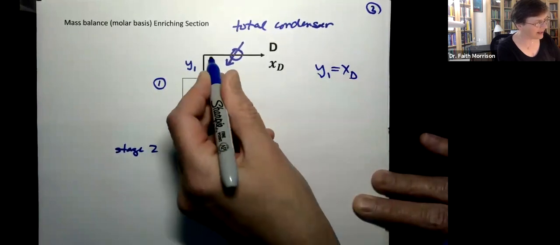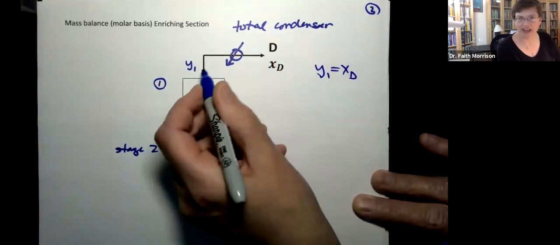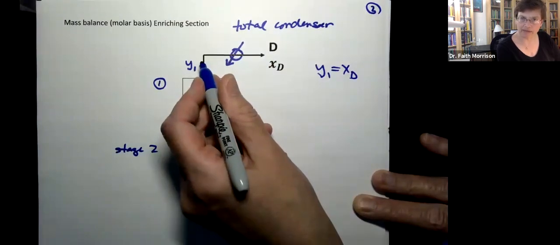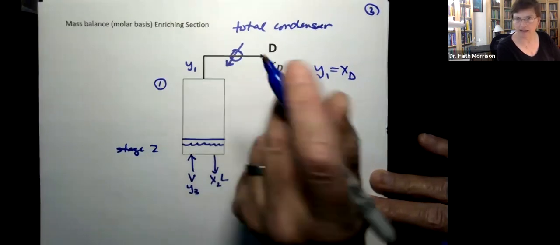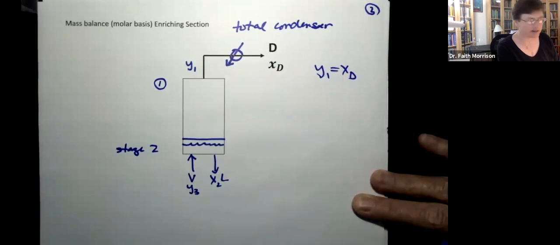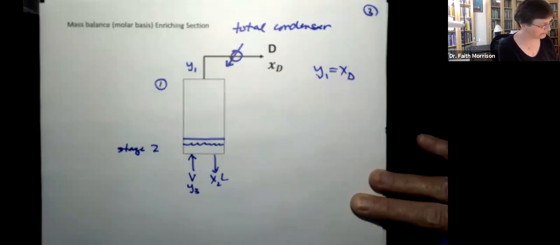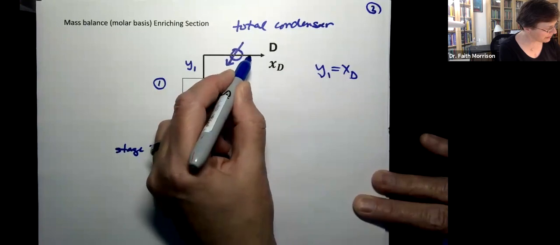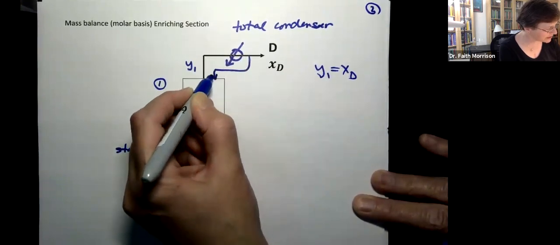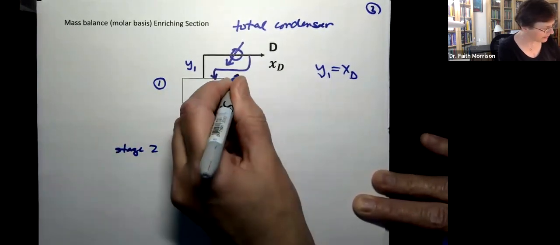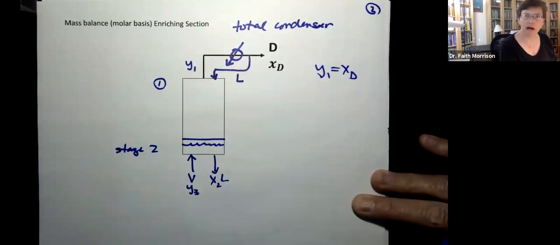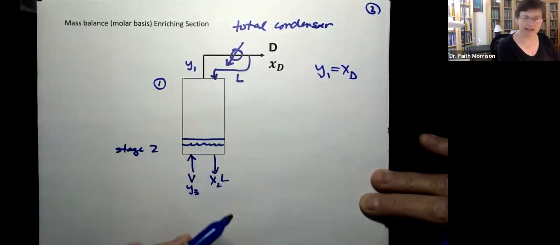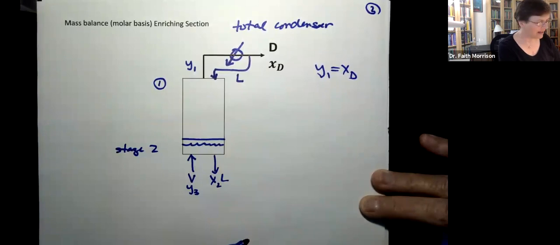Because if I totally condense the stream, it has the same composition when it was a vapor phase as it does when it's condensed. And I know what that value is. So Y1 equals XD. And then usually we reflux. So we have to reflux a stream here. And we're going to reflux by the amount L, which is the downwardly flowing L that goes through the column.